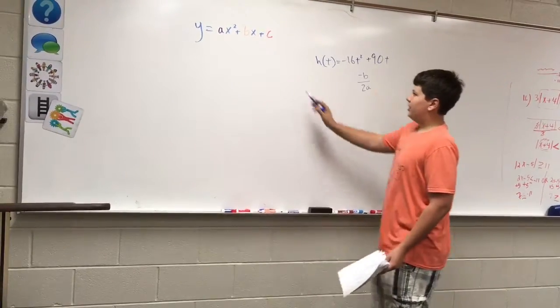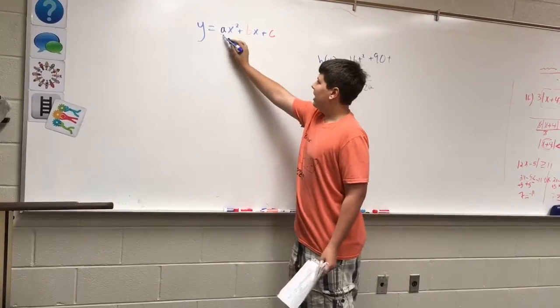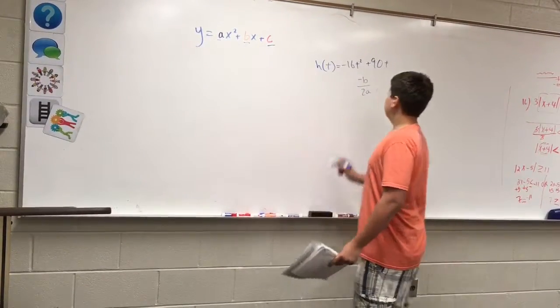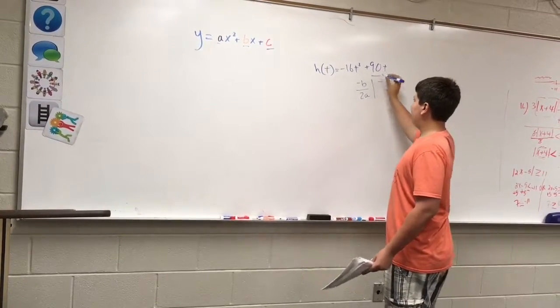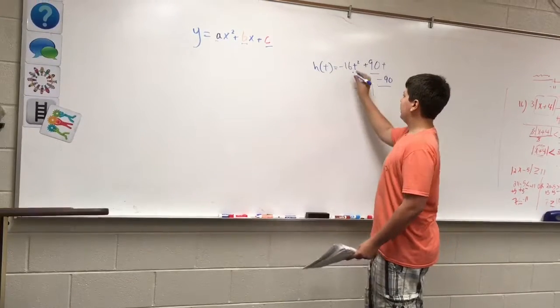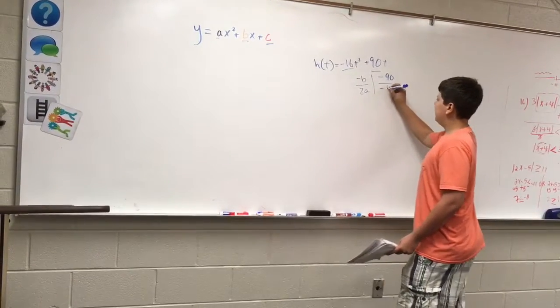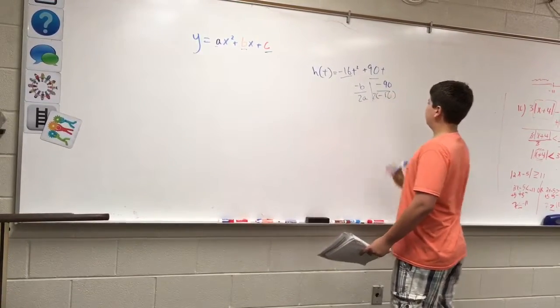As you can see up here, you have the quadratic in standard form, with a, b, and c. So for negative b, you put in negative 90, over 2 times a, which is negative 16. So 2 times negative 16.